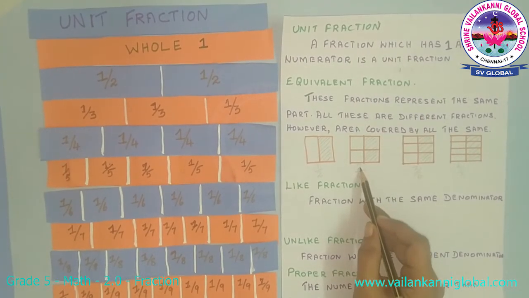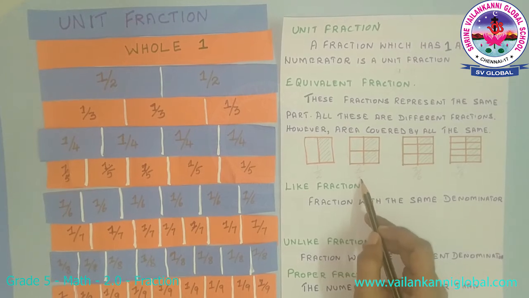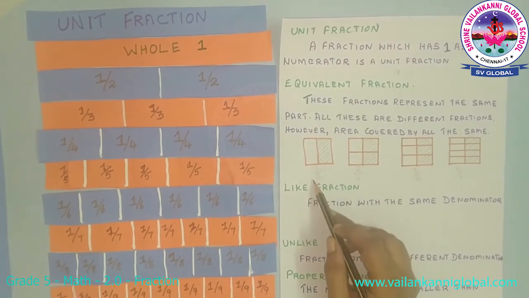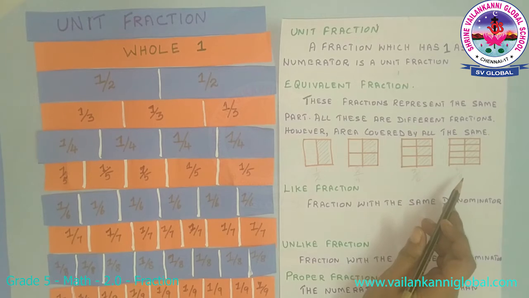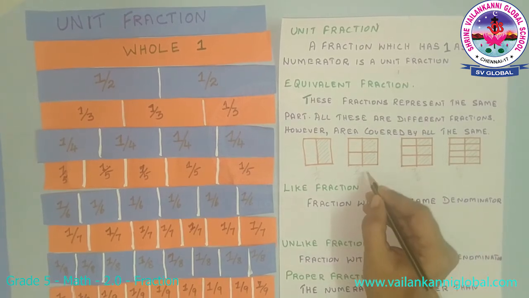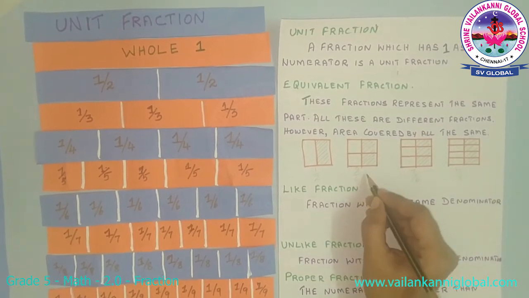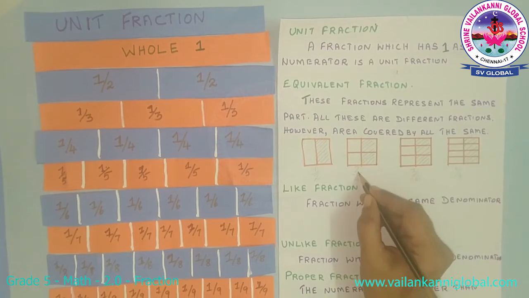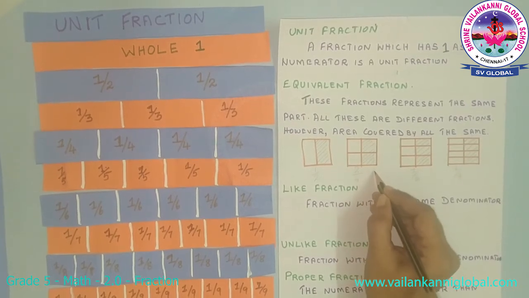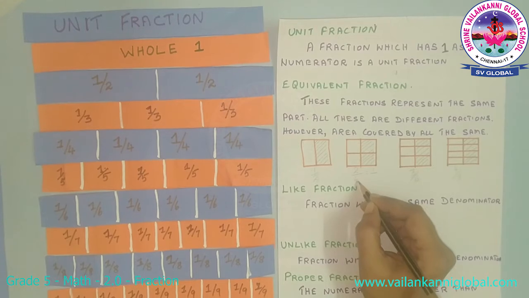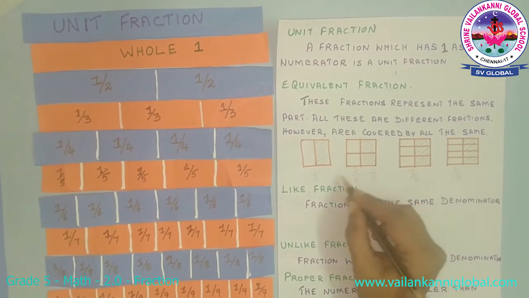Otherwise, if you simplify these fractions, you will get 1 by 2 for all of them. For example, 2 by 4: 2 times 1 is 2 and 2 times 2 is 4, so it is 1 by 2.